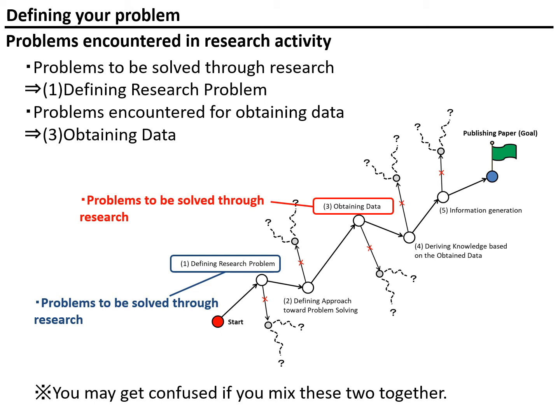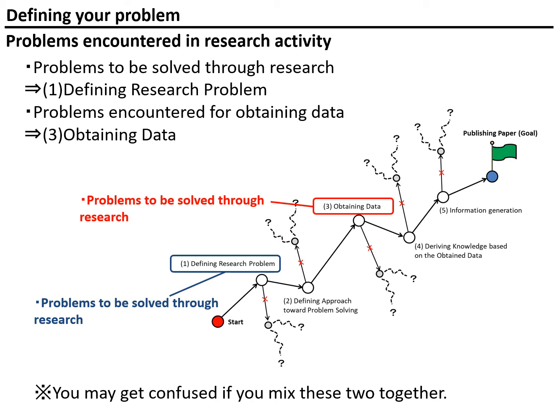What I observed in communication with many students is that they are actually confused in these two types of problems. So you may feel like the problem encountered in the process of obtaining data is a research topic, and sometimes wander into a kind of maze and you cannot come back.